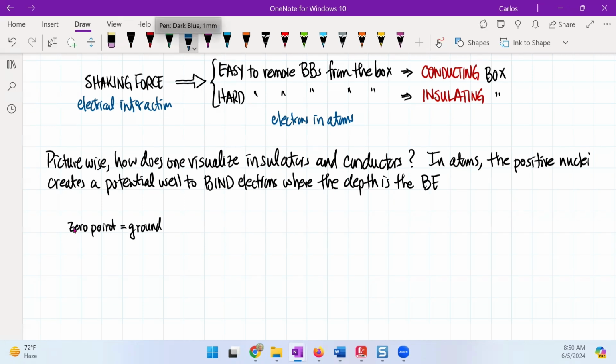So when I look at the ground, I'm going to say that I can have a little tiny well that then traps my electron. And this whole area in blue, we will never find an electron here. So this region right here, this is our forbidden region.